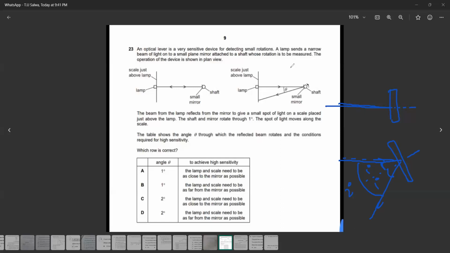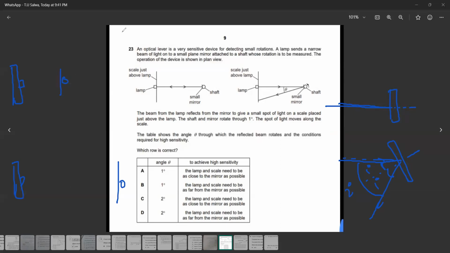Now, the second thing: we want to make it sensitive. Sensitivity means for a smaller change, there is a greater value. When the change in the value is small, the measurement change should be larger. So when they're saying the lamp is closer, two possibilities are there: the shaft and the lamp are closer, or the shaft and the lamp are farther away.